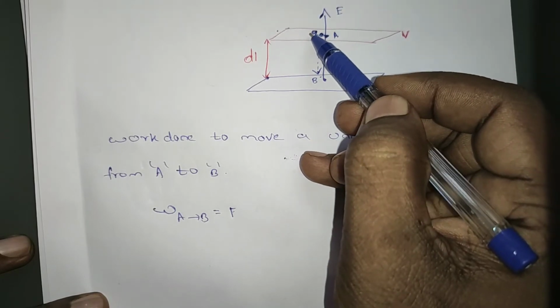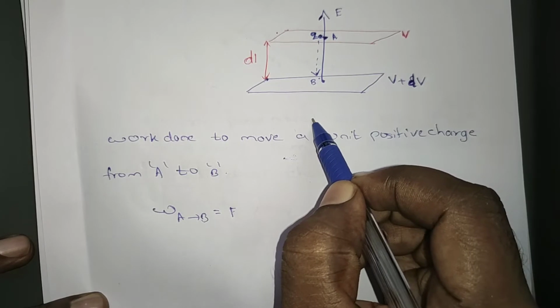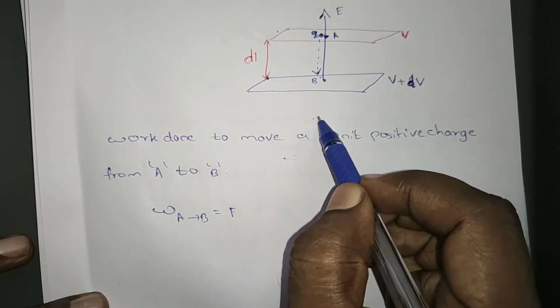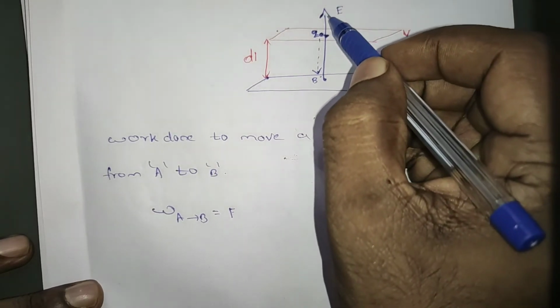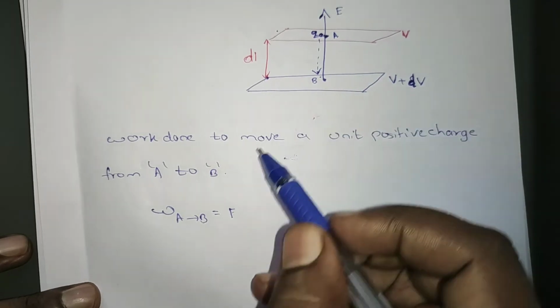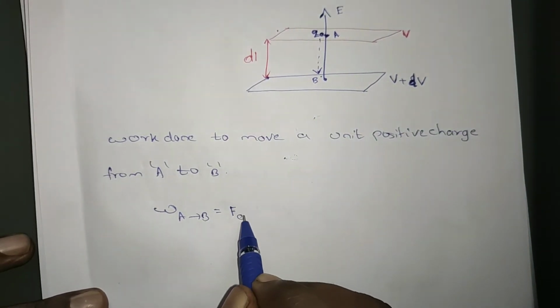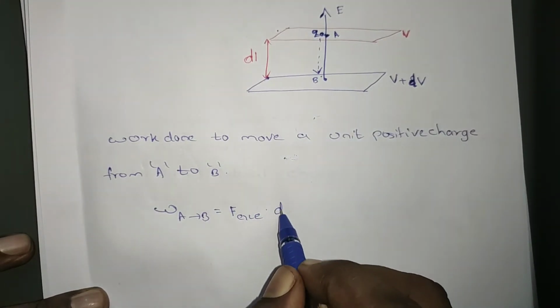If we bring this positive charge closer to this positive charge, this being an equipotential surface produced by a positive charge, what will happen? Coming closer I have to exert more force. So I am going to find F external dot the distance, and the perpendicular distance is dL.